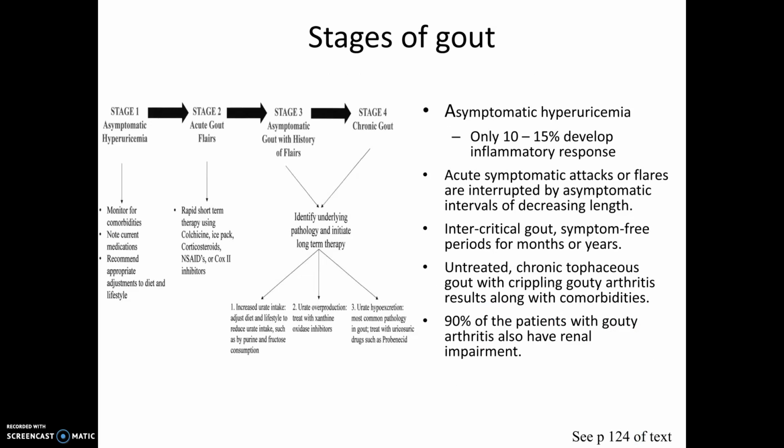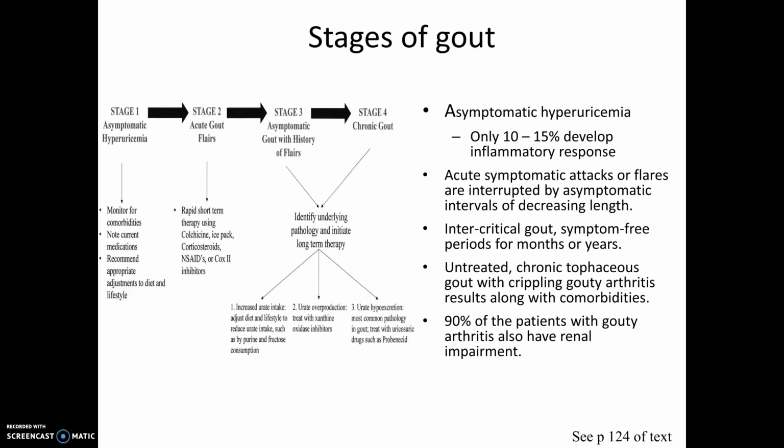The 4 stages of gout: the asymptomatic period, where the clinician should monitor the patient who's hyperuricemic, not showing any overt signs of gout, but certainly some lifestyle modifications may be recommended. With the onset of an acute gouty attack, oftentimes at night, colchicine oftentimes is suggested immediately in managing that acute gouty attack.